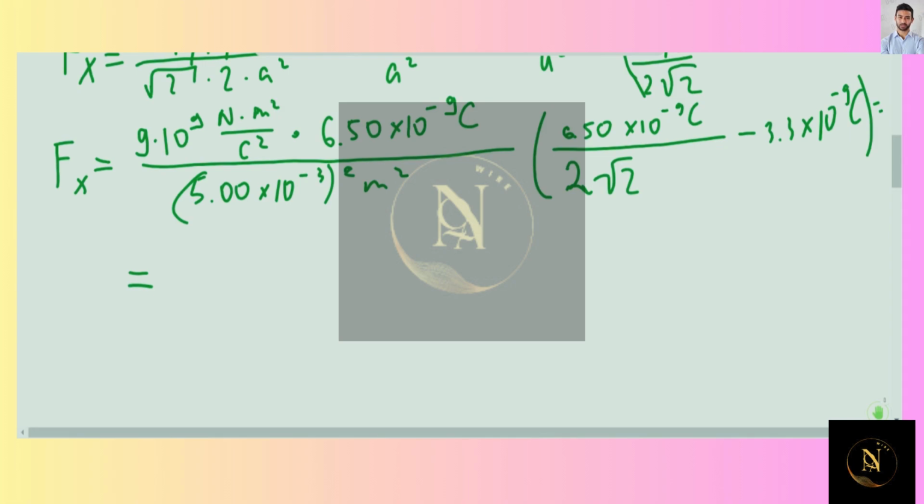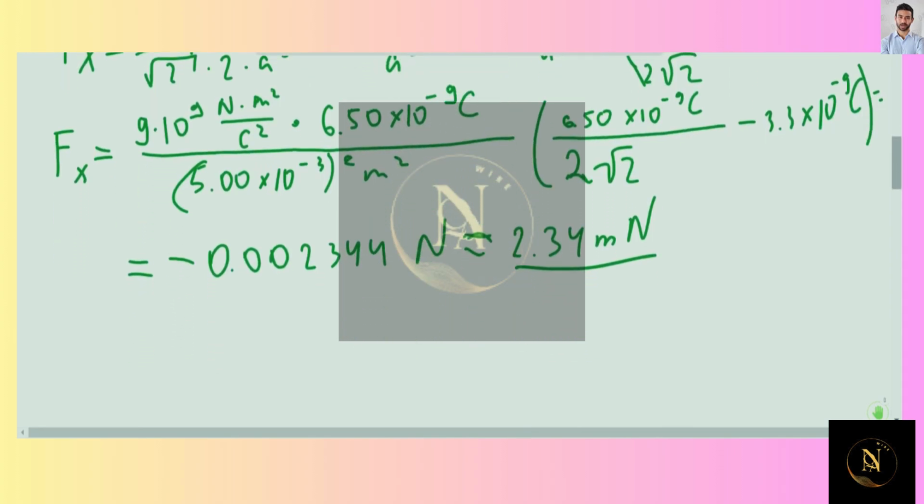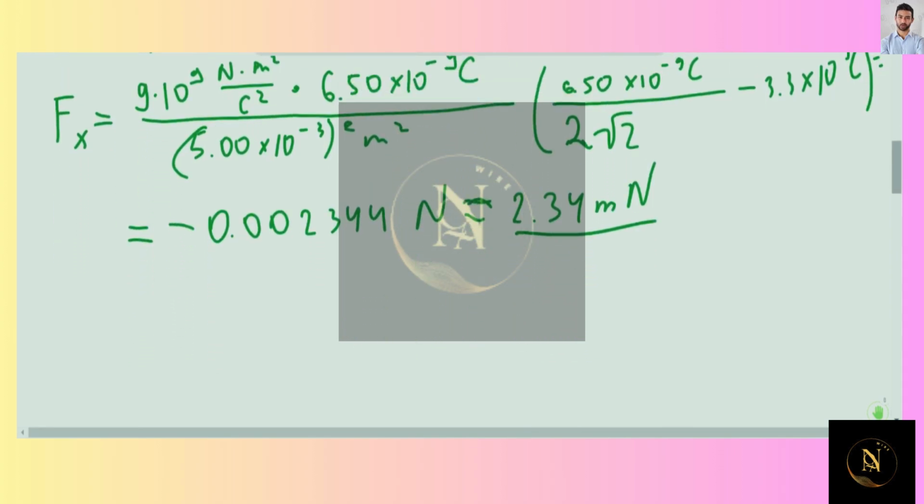So it equals negative 0.00234 newtons, which roughly equals 2.34 millinewtons. So this is the x component of the force.